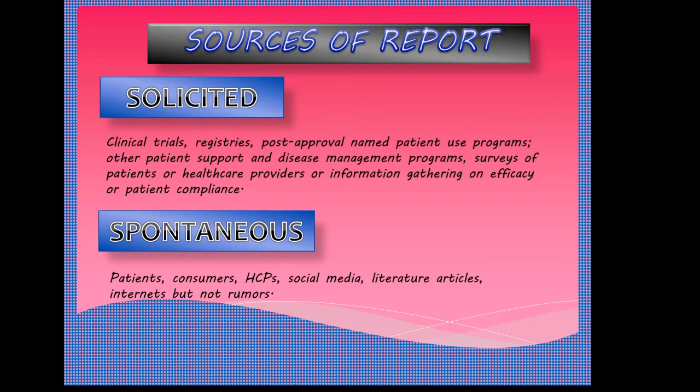At the same time, that company will also report to the other companies whose products you have taken. That is the ethics or principle of pharmacovigilance. It is not that if you report to a particular company, the company will restrict the report to itself; it can also report to the other pharmaceutical companies whose products you are taking concomitantly along with the suspected drug.